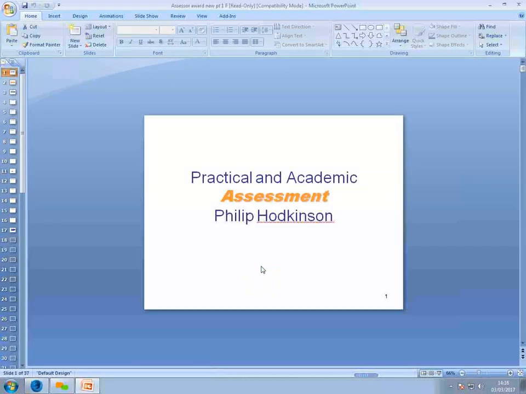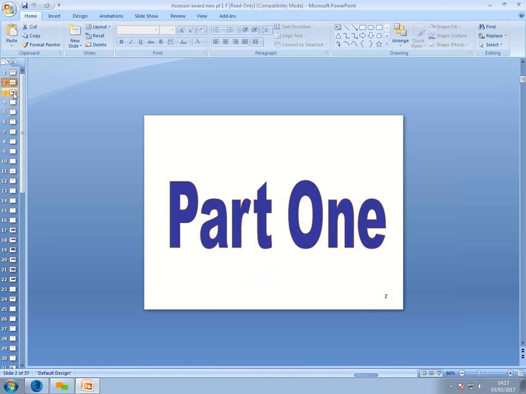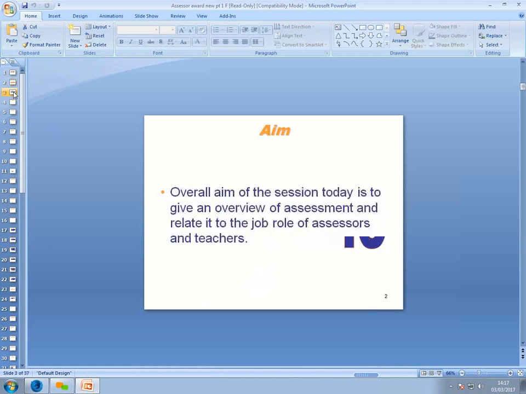This is a PowerPoint process I put together quite some time ago. I've modified it slightly, but it's practical academic assessment. The overall aim of today's session is to give an overview of assessment and relate it to the job role of assessors and teachers.